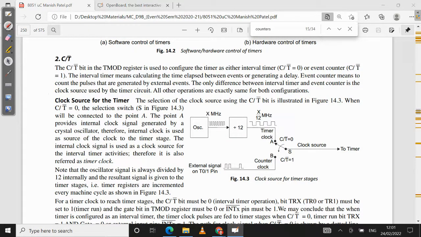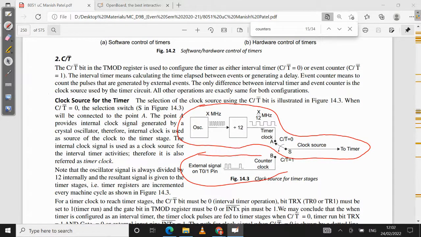See properly. This section is used when you are using as a timer, and this section is used when you are using as a counter.